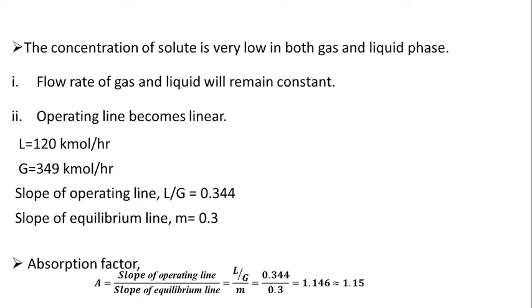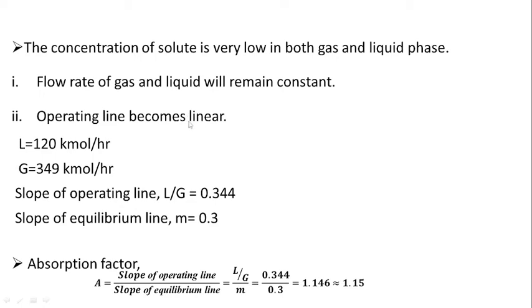Here it is written that the concentration of solute is very low in both gas and liquid phase. In that case, the flow rate of gas and liquid will remain constant and the operating line will be linear. Like we told previously, when the operating line is drawn with respect to mole ratio, it will be linear, and with respect to mole fraction it will be curved, non-linear.